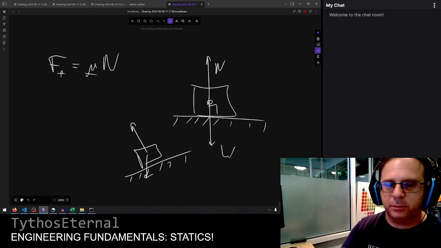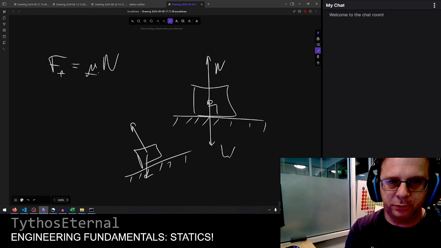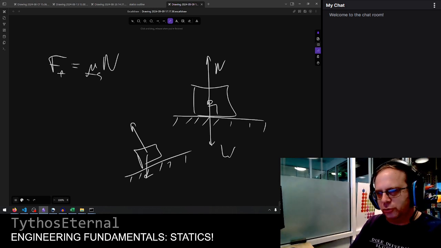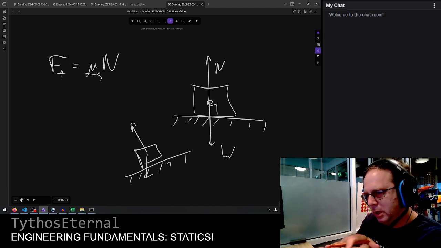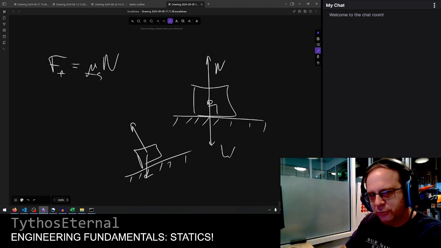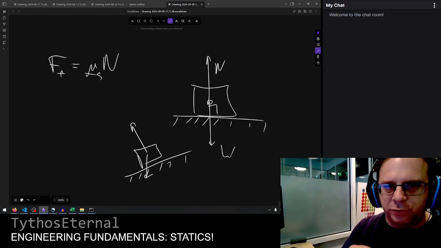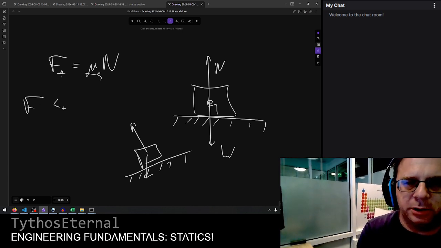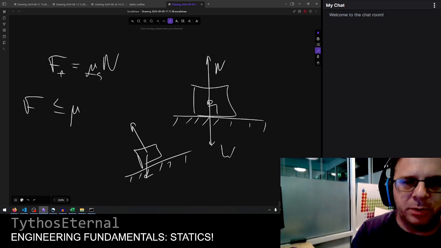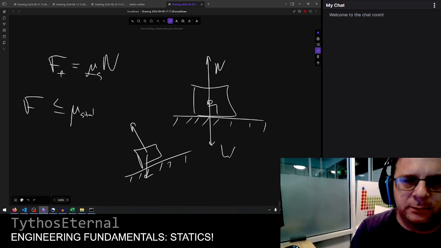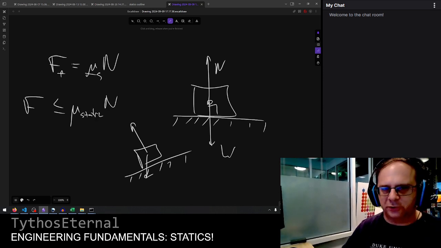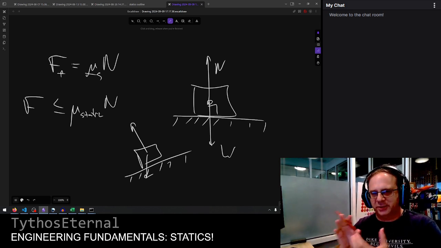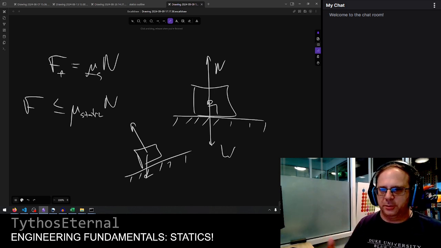So sometimes you'll see a smaller value for this called mu sub s, or static friction. So if things are not in relative motion to each other, for example, how much force is required to overcome the stationary resistance of friction. Or you might see static friction used to impose what's called a slip condition. So let's say there's some force acting upon the body, and we might say, well, there's some frictional resistance to that force such that if the force is less than that resistance, using a static frictional coefficient, then it's not going to slip.